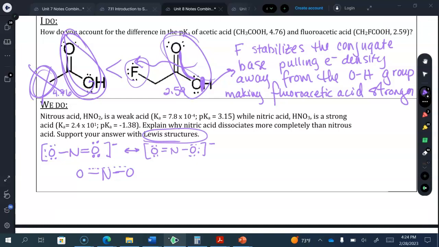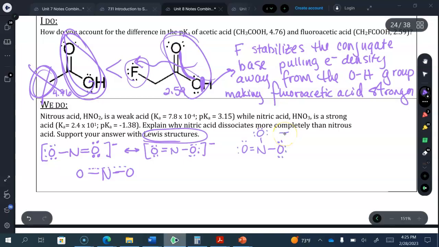Now if we look at nitric acid, or the nitrate ion, my apologies, nitrate, NO3-, we have this. Okay, so this is one of the resonance structures for nitrate.